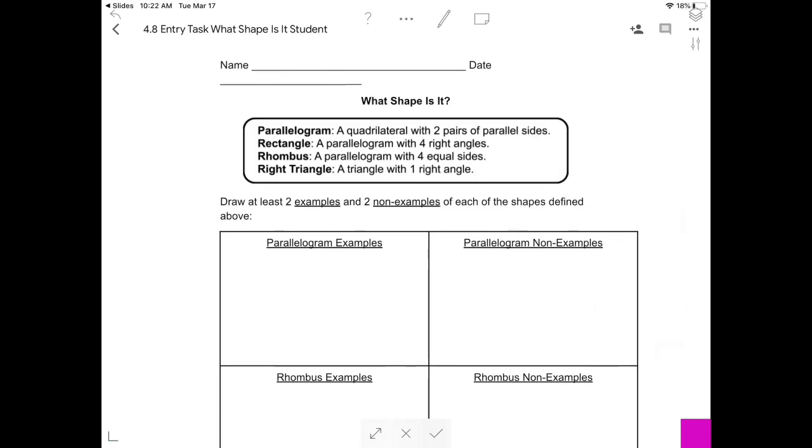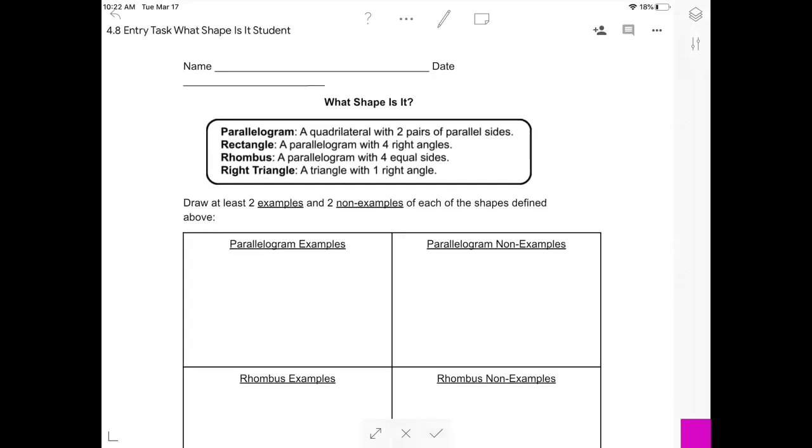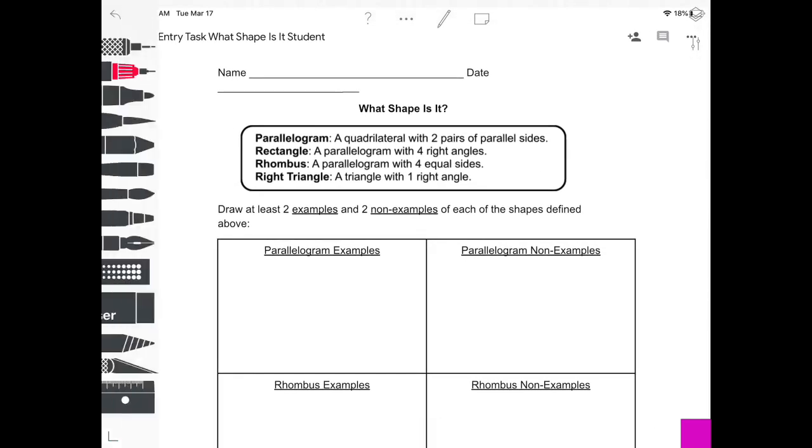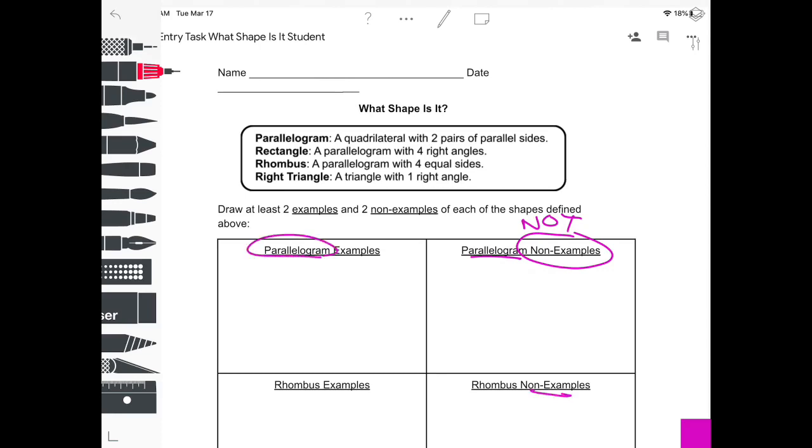All right, so we are now looking for examples and non-examples. Non-example means not. So something that's not a parallelogram, not a rhombus. So let's look at a parallelogram first. A parallelogram, so we're going to go read the definition, is a quadrilateral, which means a shape with four sides, with two pairs of parallel lines.